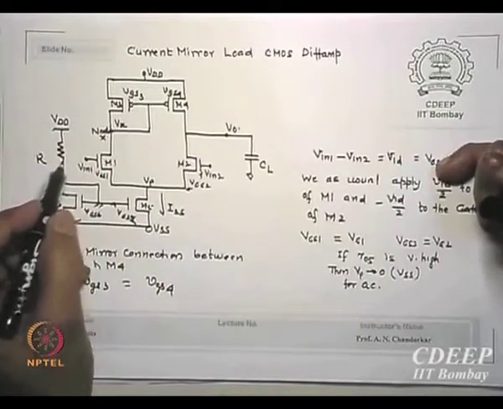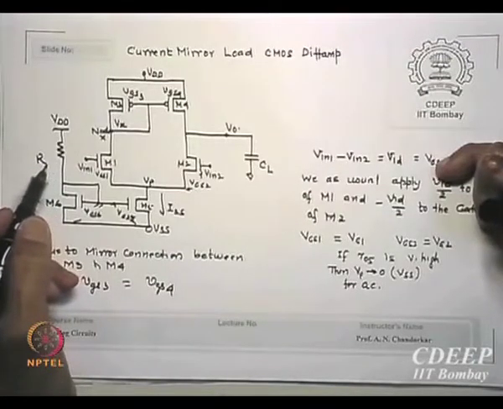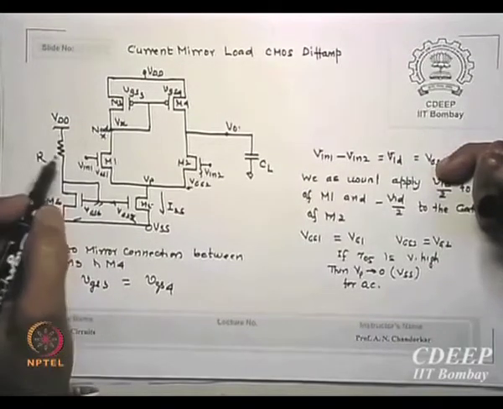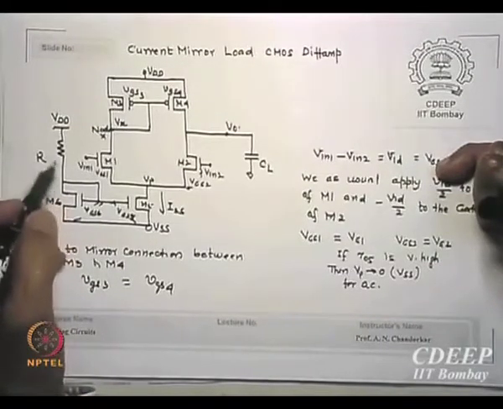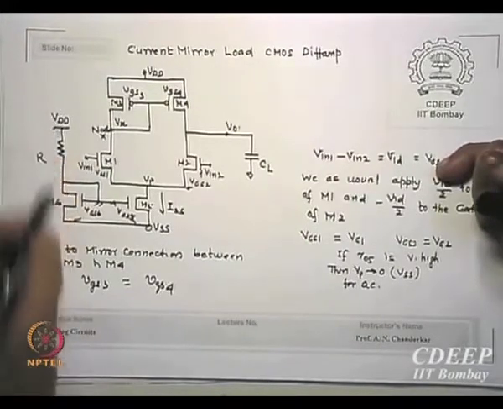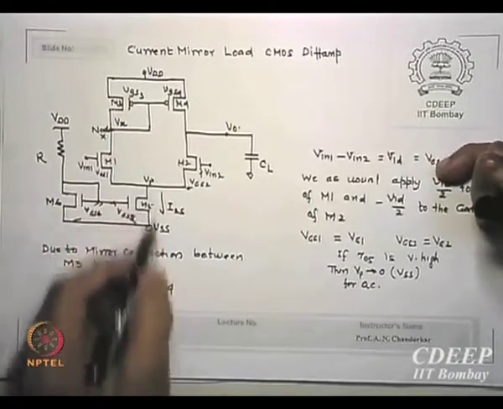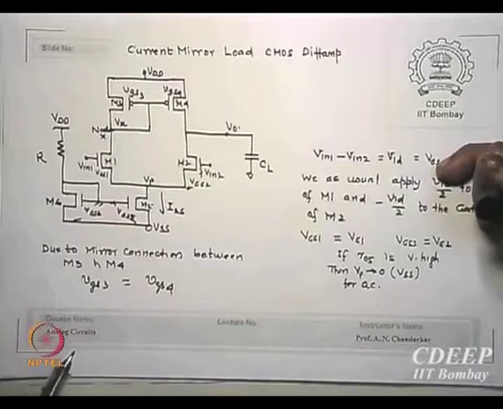What is this called? This is called the biasing circuit. Can I replace R also? By a transistor shunted to the drain, I can convert this into an R equivalent as well. So I can replace R also by a transistor. Right now I showed you a resistor, but in reality I may have a transistor there. So I may have a current here which I can fix, and I can then mirror it into whichever value I am looking for.